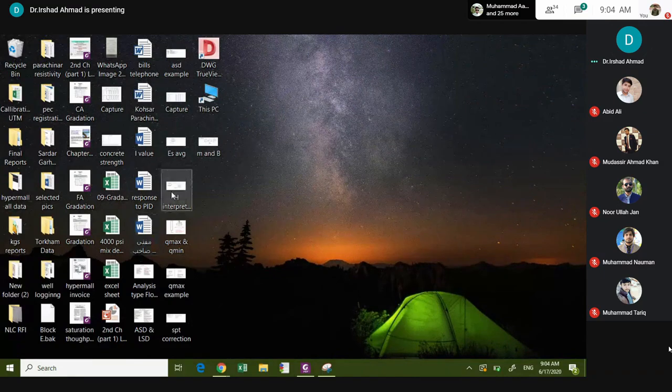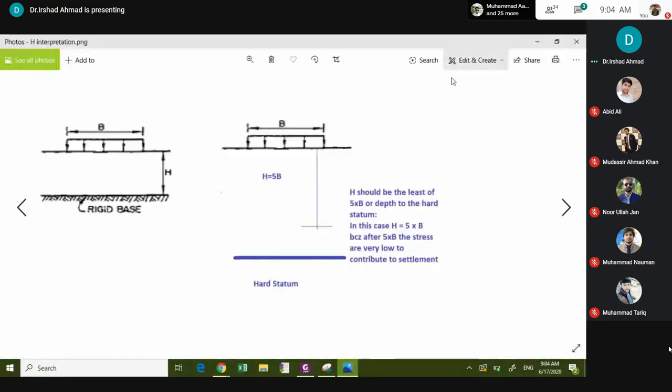Look on the left side, you have a foundation pressure B, and there is a rigid base or rock. So this soil, which is denoted as H, contributes to the settlement. This is compressible soil. So you would use H in the calculations, right? That is the H.